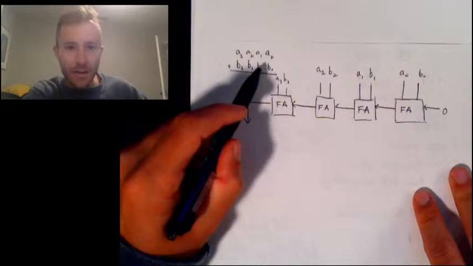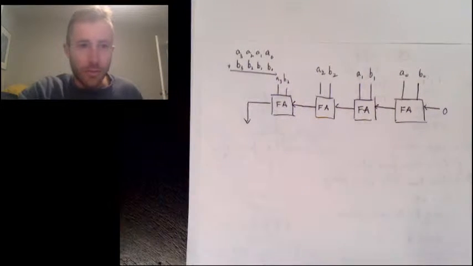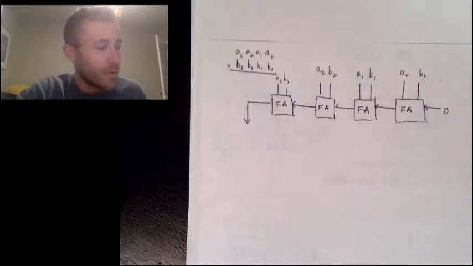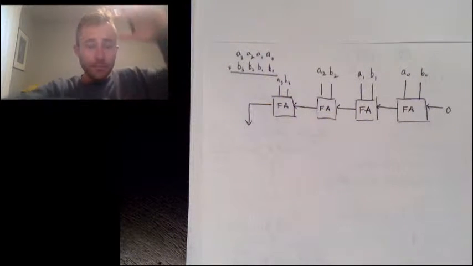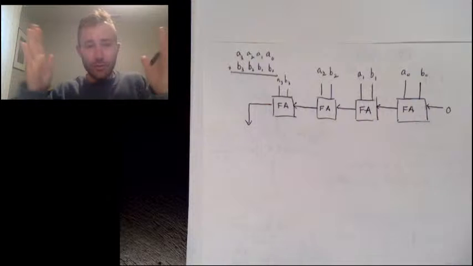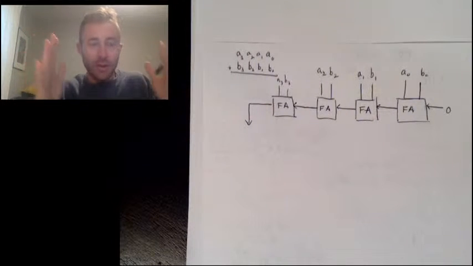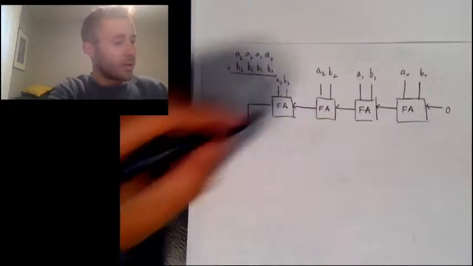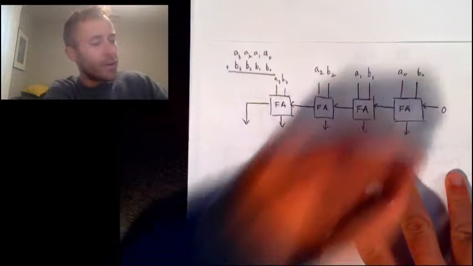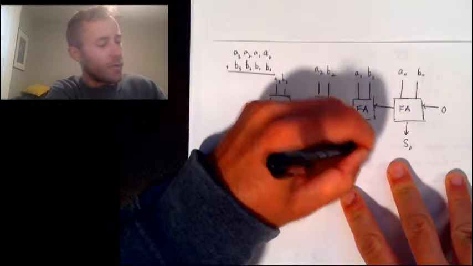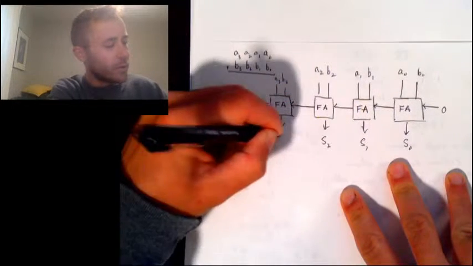You may or may not have noticed this before, but if you add two 4-digit numbers together, the most digits the result can have is 5 digits. So you get all these sum bits out: sum 0, sum 1, sum 2, sum 3.